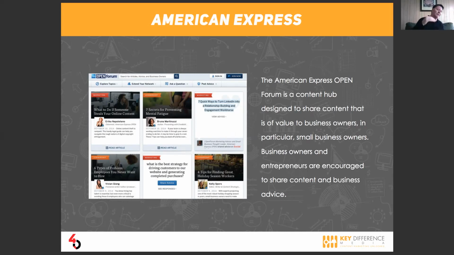Business owners and entrepreneurs are encouraged to share content and business advice. So not only do they dial into content that a business owner would want to see over and over again, but they also dial into the fact that these business owners will share that content, to keep themselves relevant, maybe even to load up their own content hubs with some of the elements that they can share from this content hub.